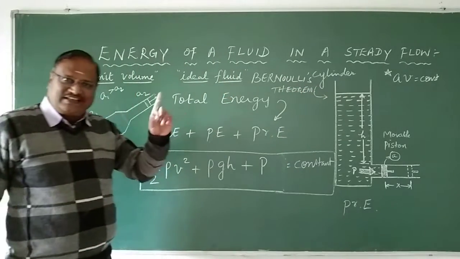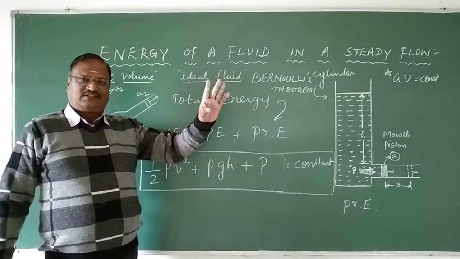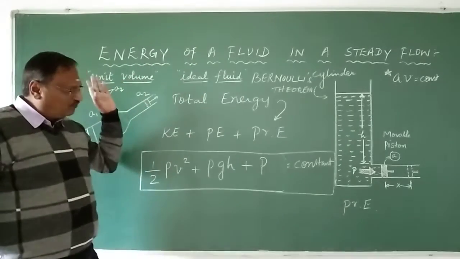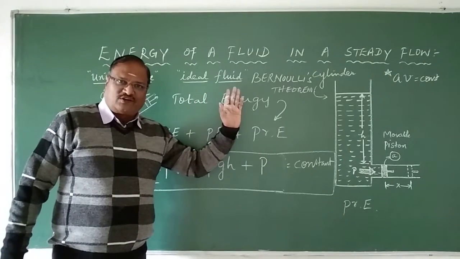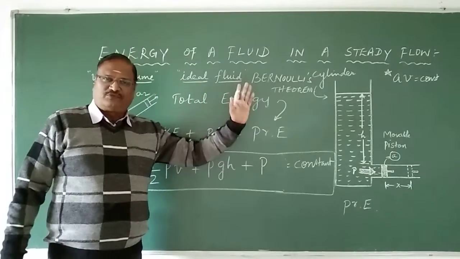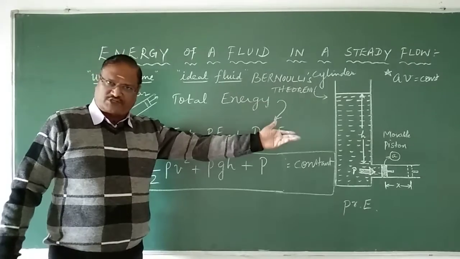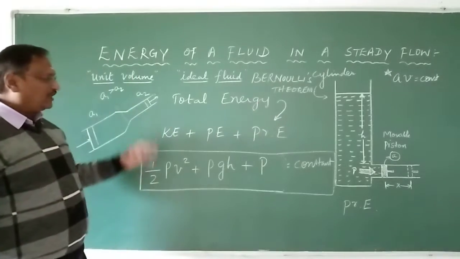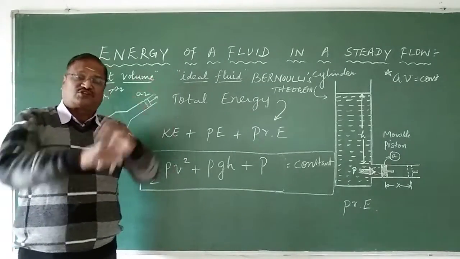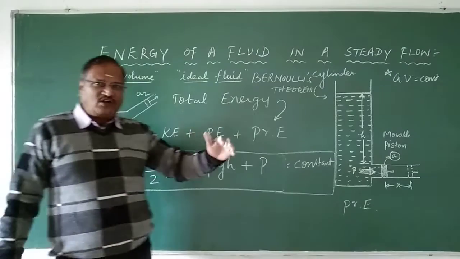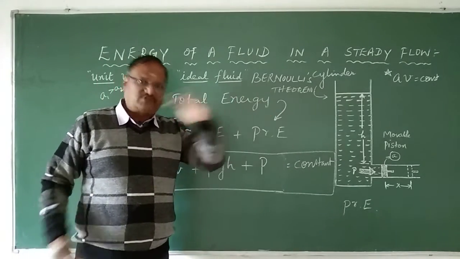For an ideal liquid, when the flow is through a tube of varying cross section or uniform cross section, whatever it is, the total energy is conserved. It is based on the law of conservation of energy.